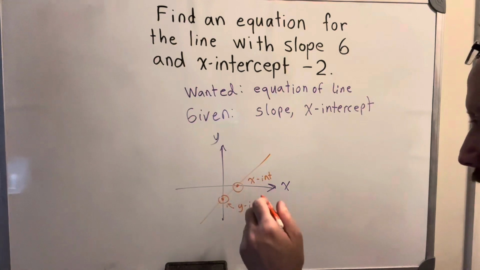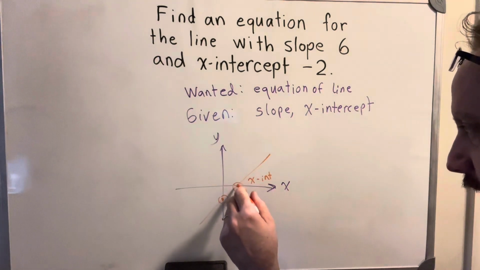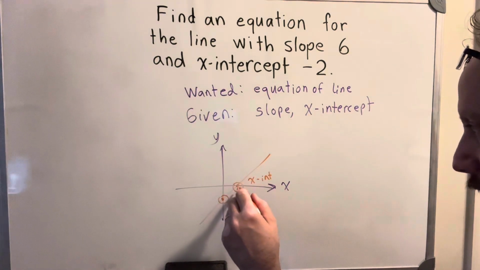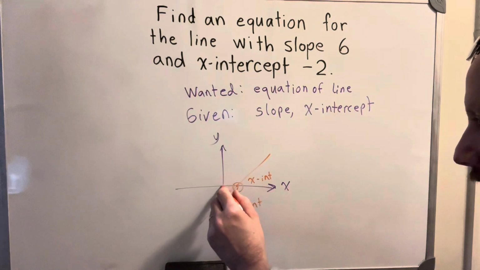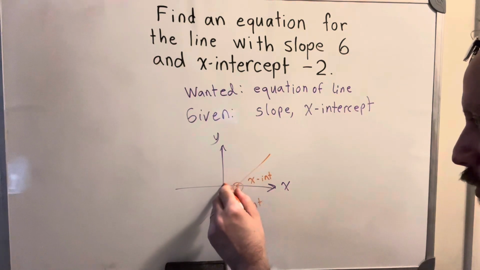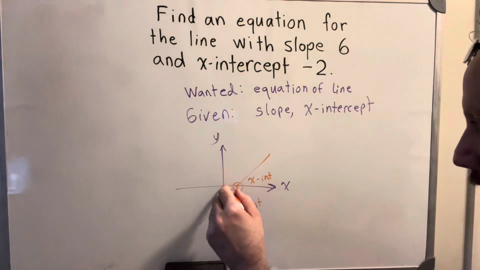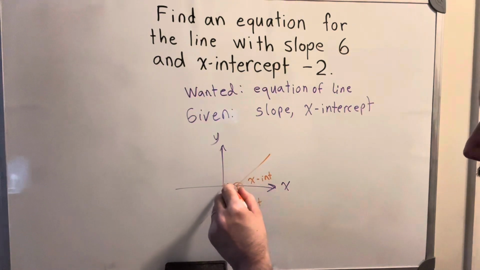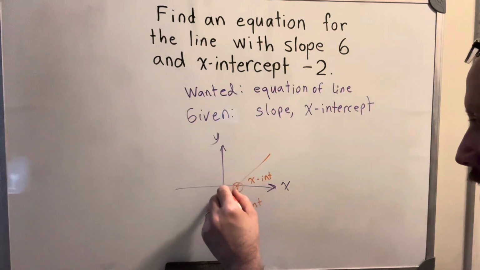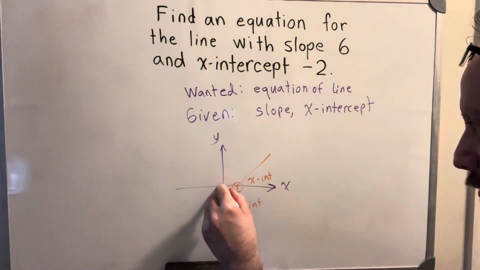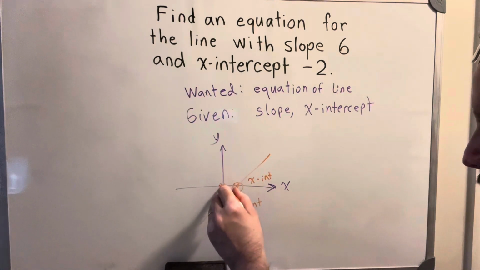So we don't know what exact point on the x-axis the line crosses at, but we do know that the x-axis and the y-axis cross each other where their respective coordinates are 0, because we know this point right here is the origin, 0, 0.